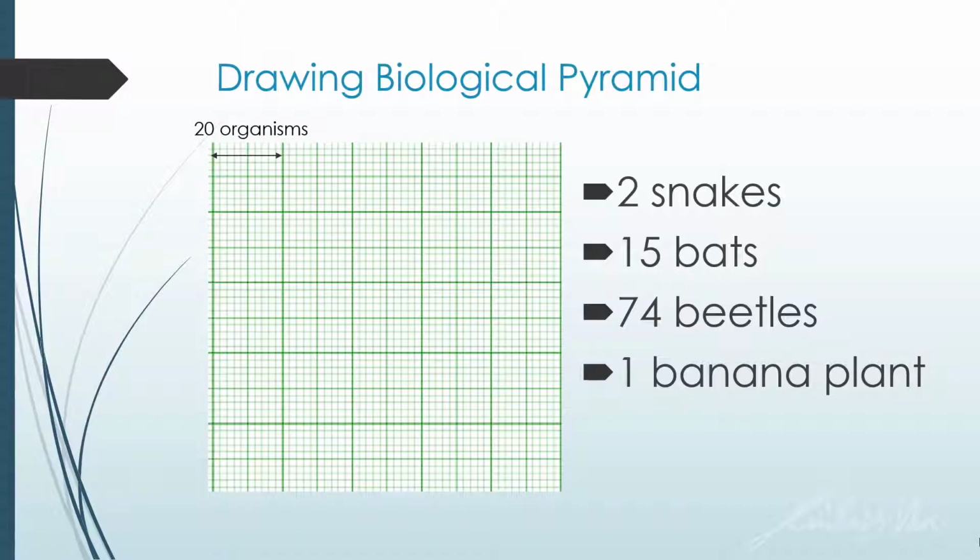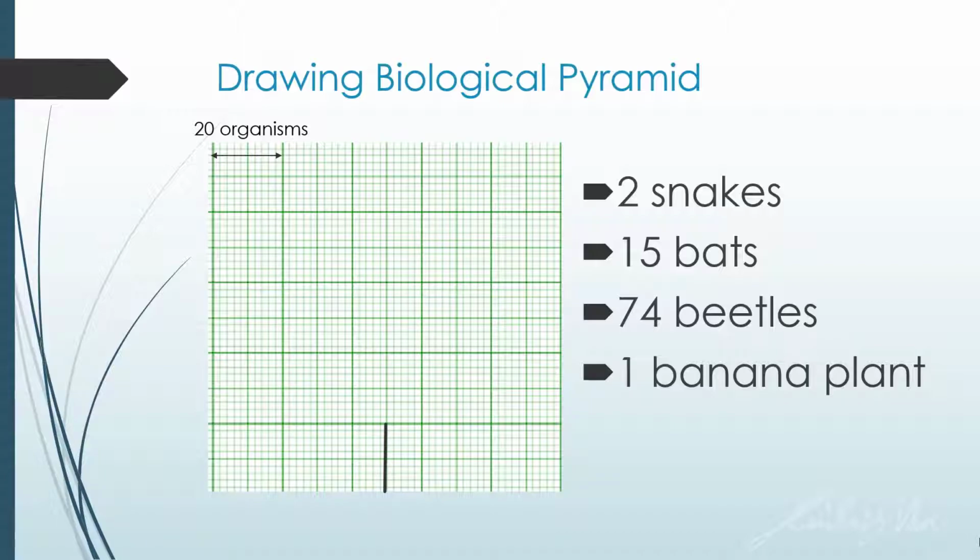For example, 10 blocks equals 20 organisms. Your scale will change according to the number that you have. So in this case, 1 block will equal 2 organisms. For the banana plant, there's only 1, so it's not even 1 single block. So you can just use 1 line to represent the 1 banana plant.